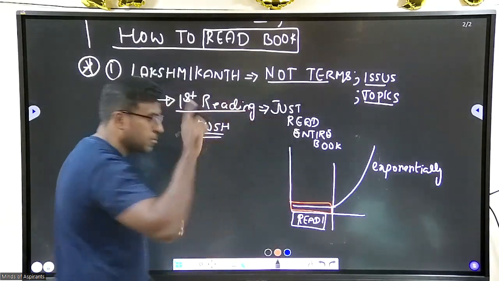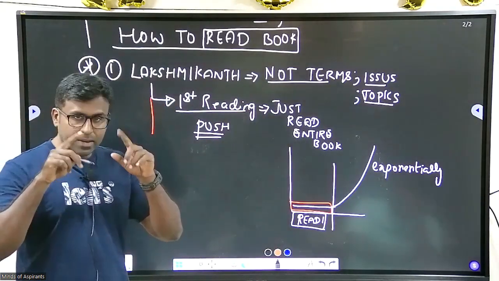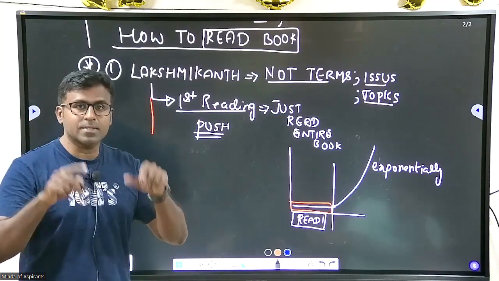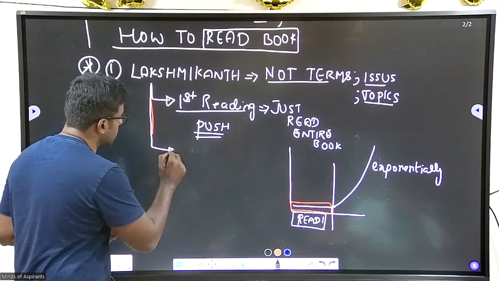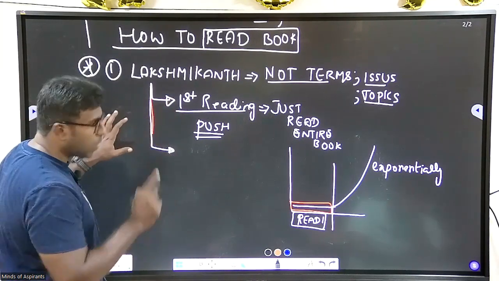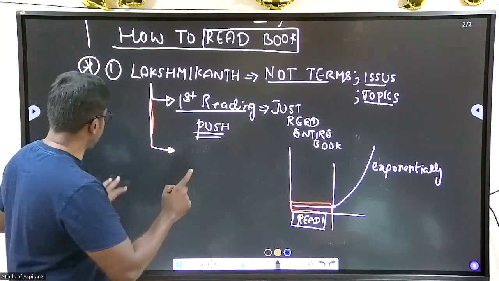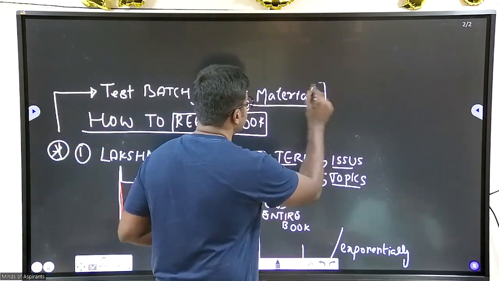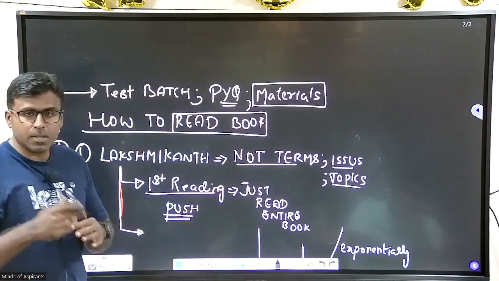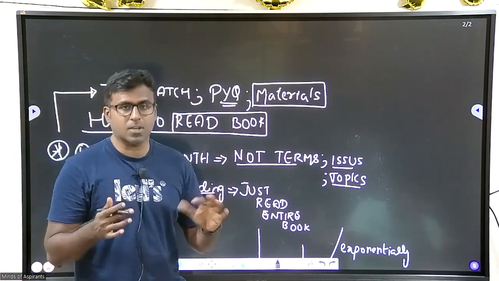When I talk to students, this is where I understand the problem is. During the first-time preparation, they are going here and looking at many materials and current affairs and stuff like that.